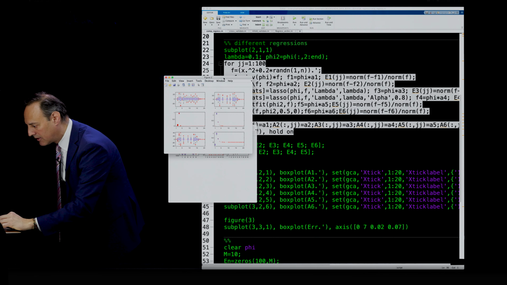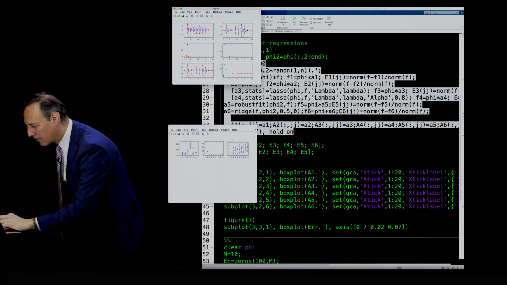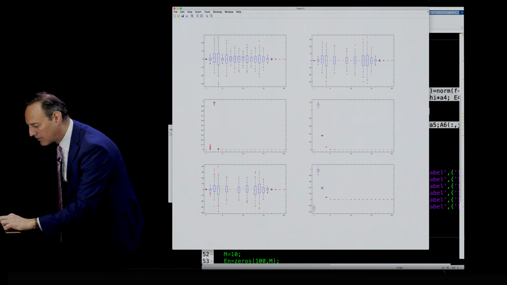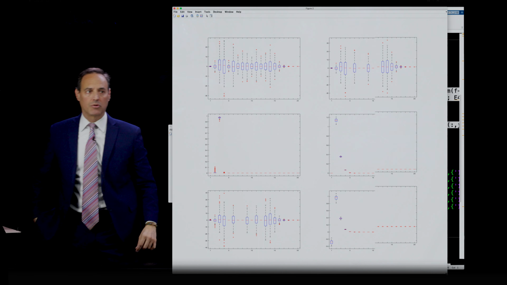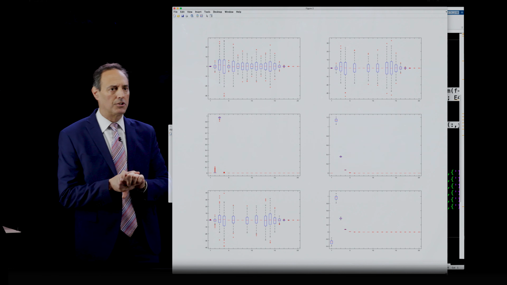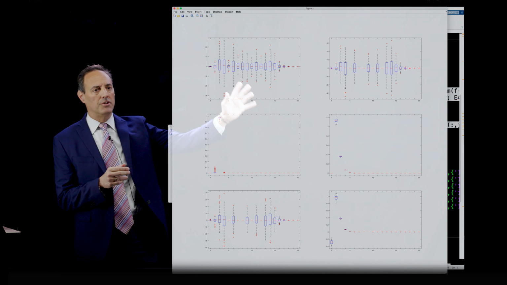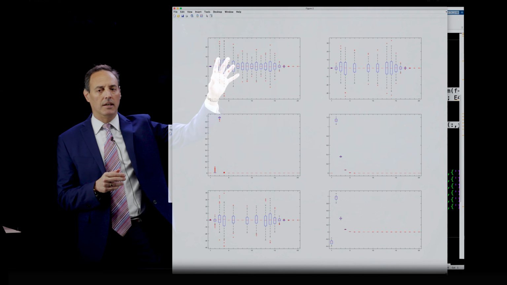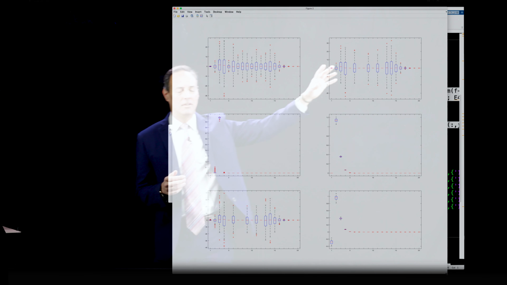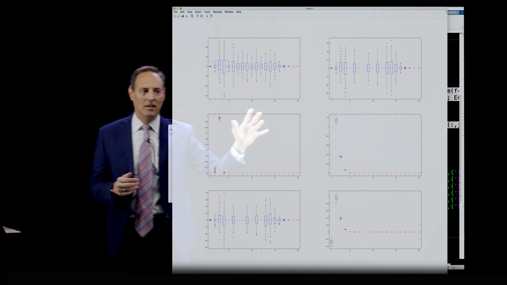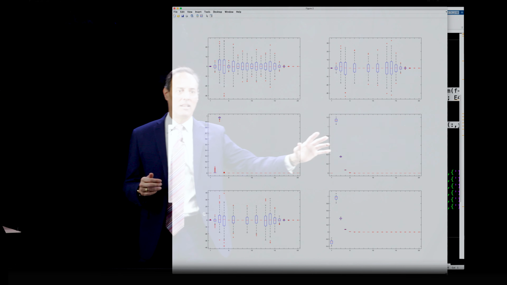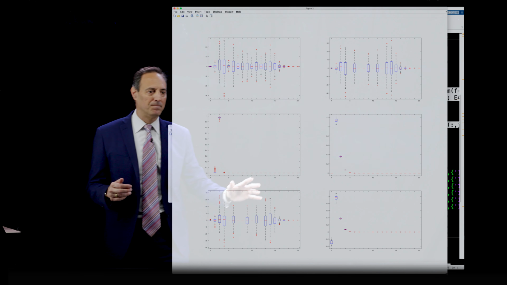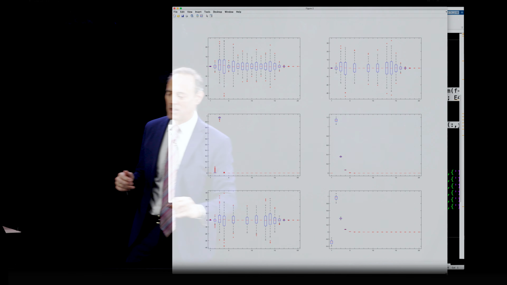This figure, I think, speaks volumes to what we want to do. It tells you a lot about the structure, and it tells you a lot about regression. What I'm showing you is 6 panels. What I'm showing you here is the pseudo-inverse, backslash, lasso 1, lasso 2, robust fit, and what was the other one?